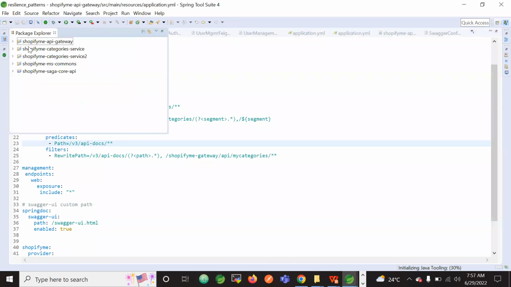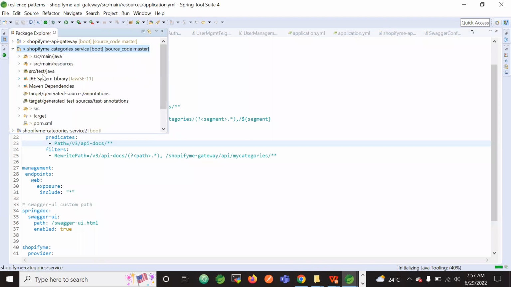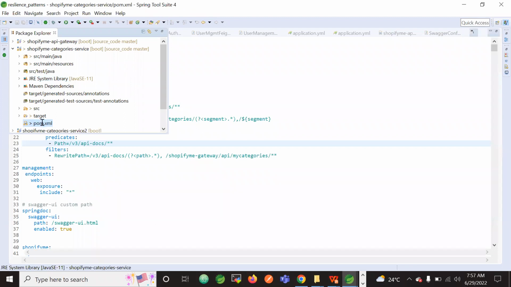Let it start. Yes, if you can see, there is a category service, and the product service might be run in one more workspace. But this category service has its own JRE and its own Tomcat. Why? Because a Spring Boot application by default ships with a container enabled.